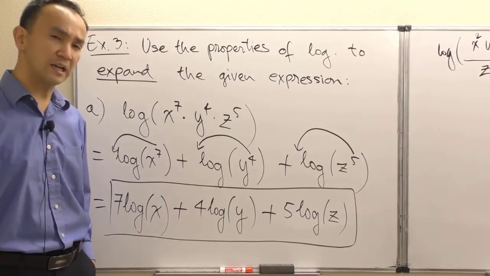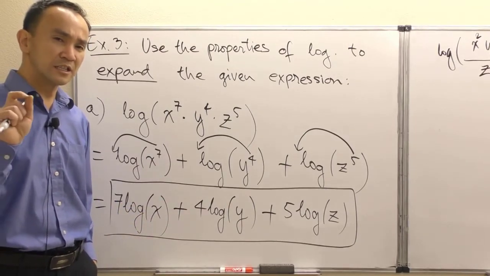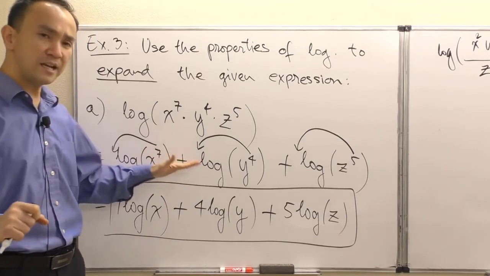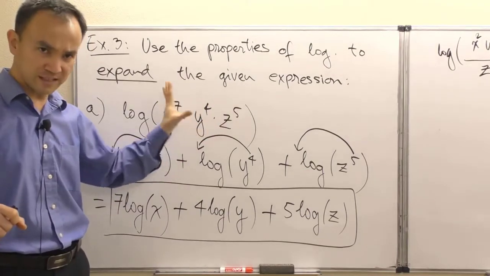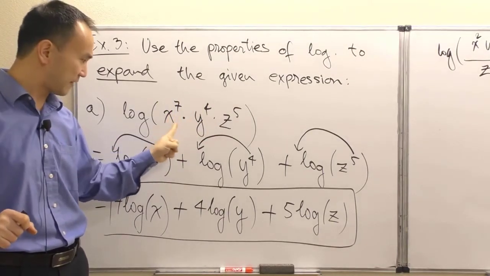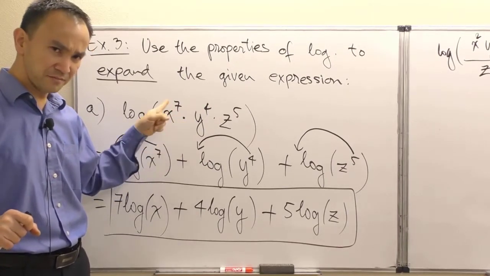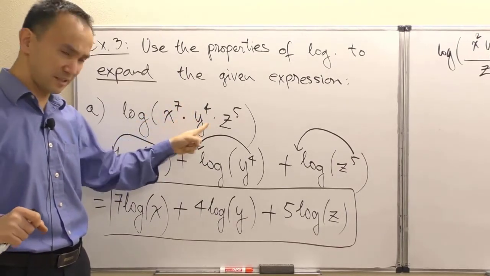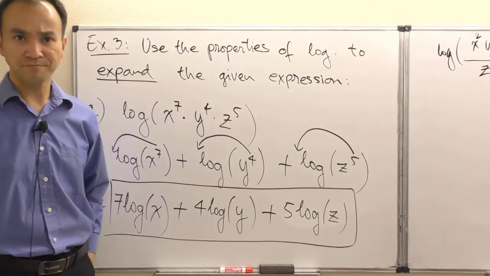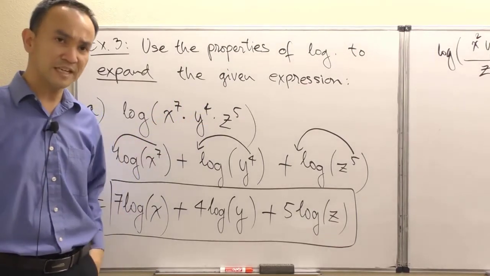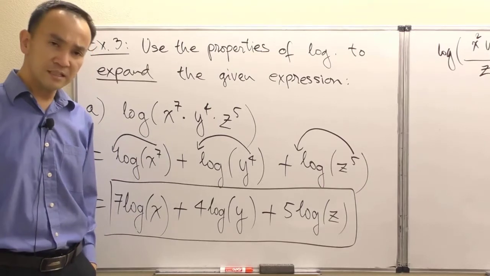But now allow me to explain a little more thoroughly why I did the breaking for a problem like this. At first sight, we have a lot to see. There are multiplications, products, and raising powers. We have a lot of operations involved here.